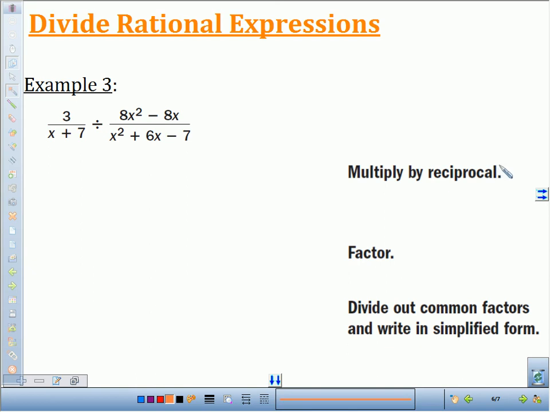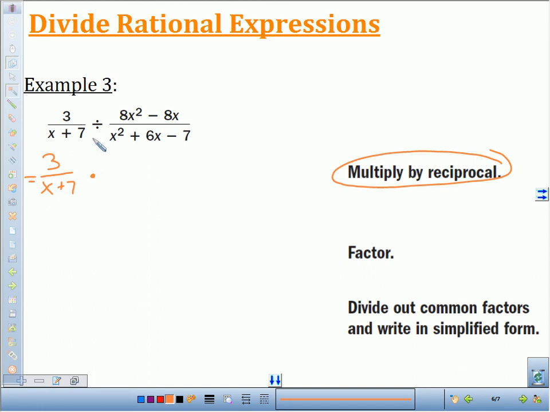We start by multiplying by the reciprocal. Here we have 3 over x plus 7 divided by 8x squared minus 8x over x squared plus 6x minus 7. We want to multiply by the reciprocal. The first term stays the same, 3 over x plus 7.